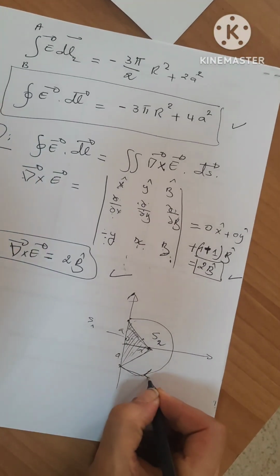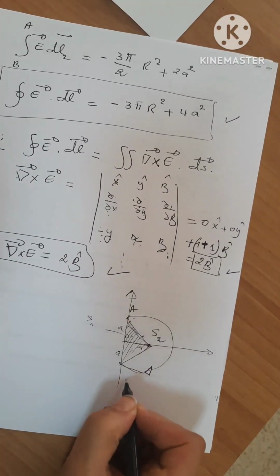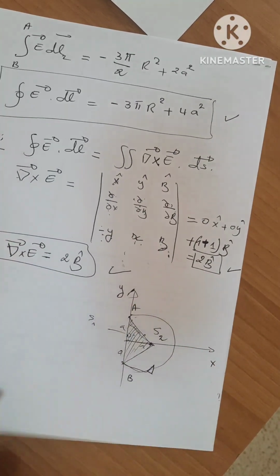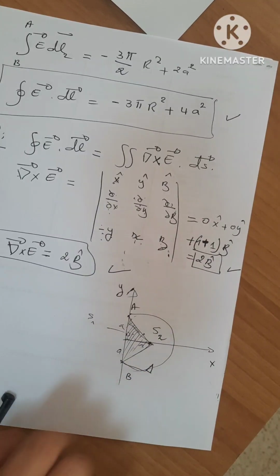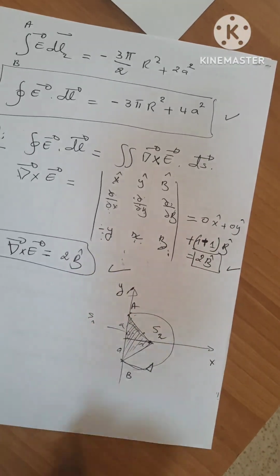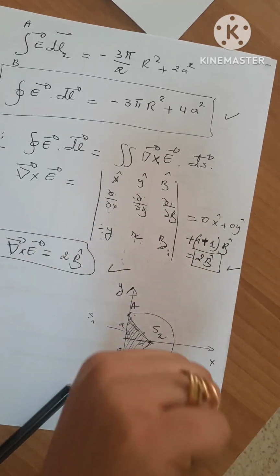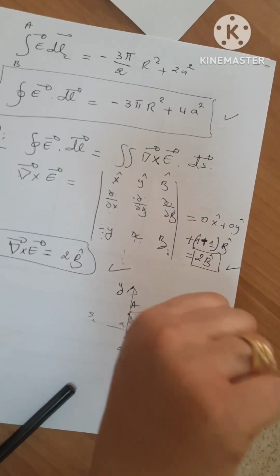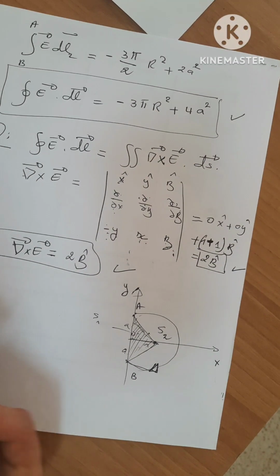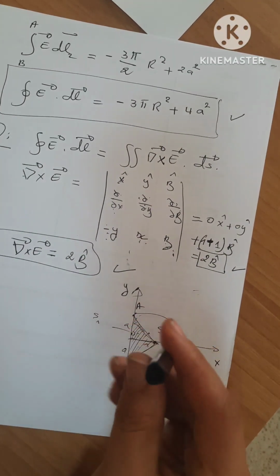Now our surface, if we use our hand from A to B, so we have x and y. So this is the direction of our path. Using this direction, z will be in the other direction, the minus z direction.